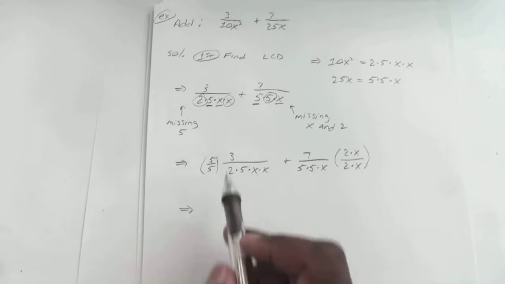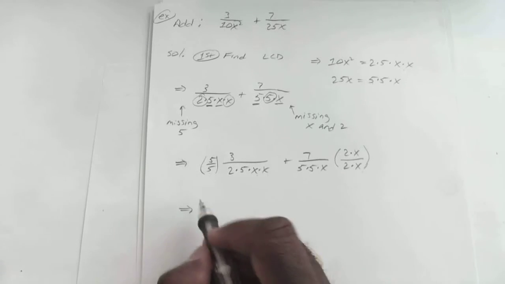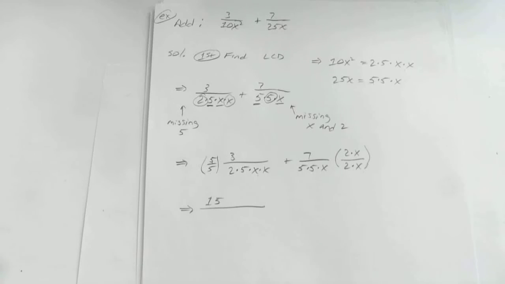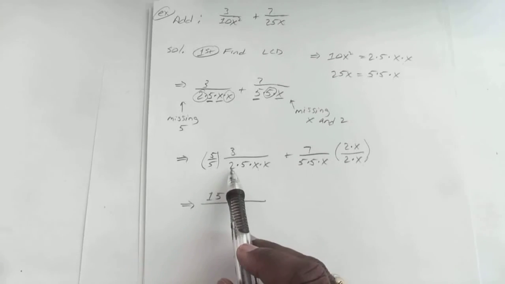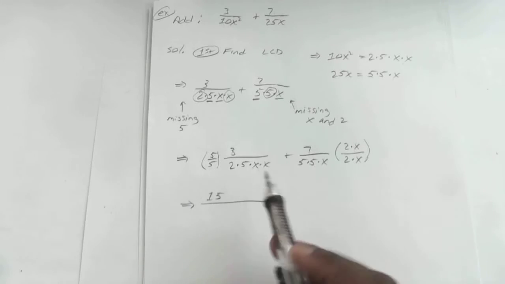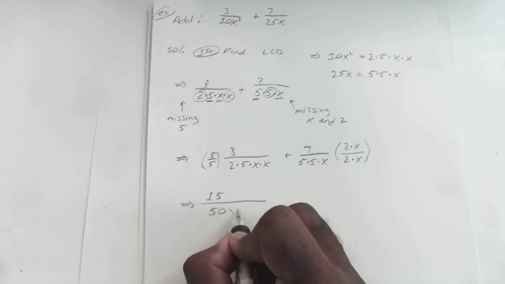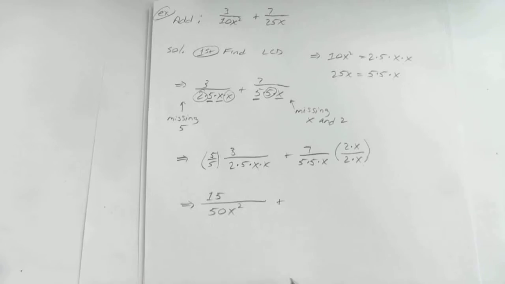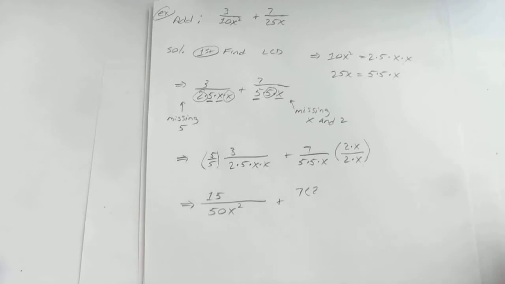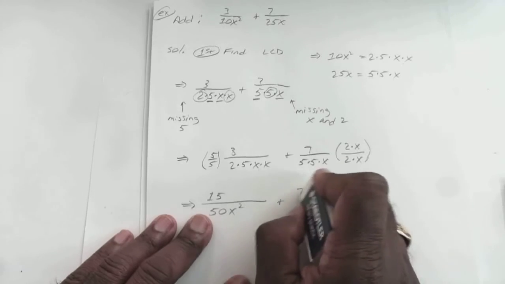So now, just like before, we multiply our numerator. So we have 5 times 3 is 15. Over 2 times 5 is 10, times 5 is 50, so you have 50x squared. Plus 7 times 2x. So you can skip that part and just make it 14x.